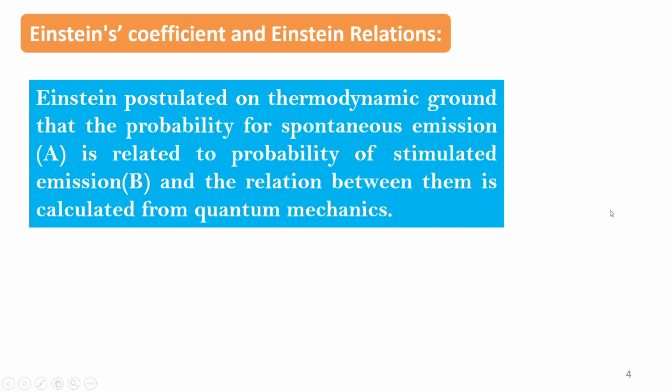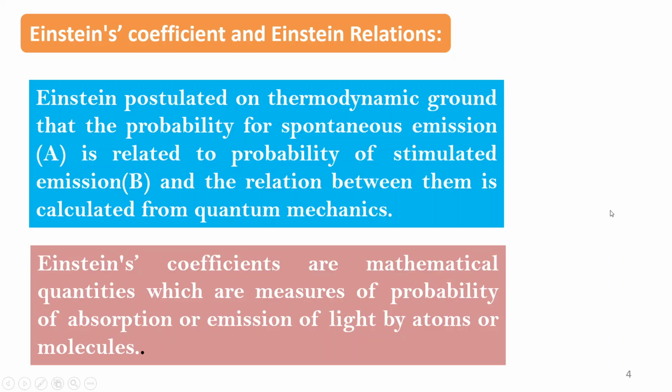Now that means, with the help of the quantum mechanics, Einstein put up some relations between the probability of the spontaneous emission and the probability of the stimulated emission, and these relations are known as the Einstein's relations.